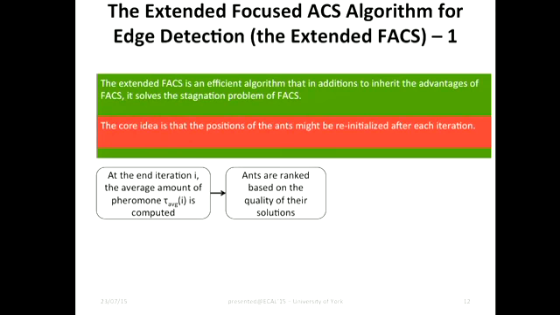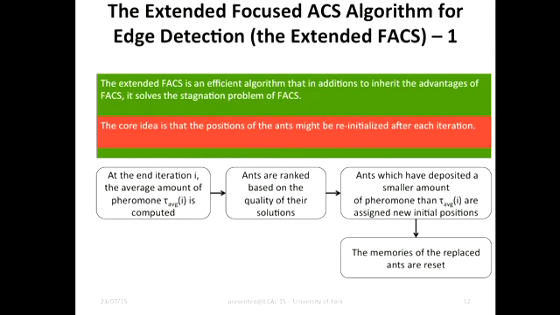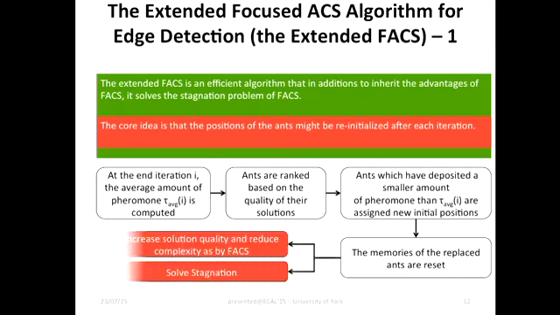Then ends are ranked based on the quality of their solutions. That means that ends which have deposited a smaller amount of pheromone than the average amount are reassigned to new initial positions, and their memories are reset to allow them to revisit pixels which they have already visited. This again increases high quality solutions and also solves the stagnation problem we may face when using FACS.